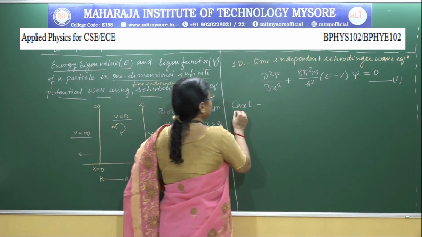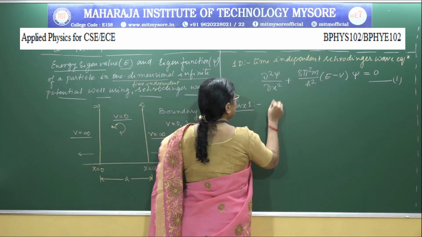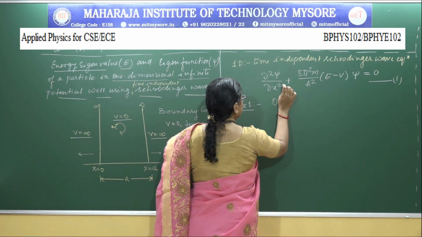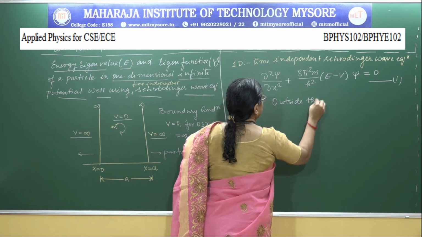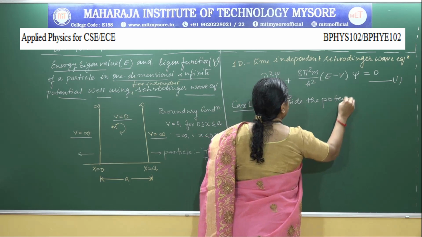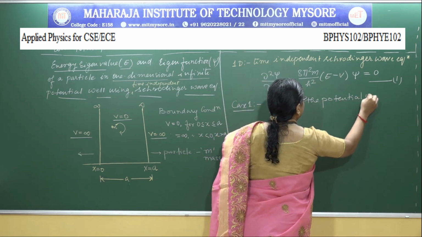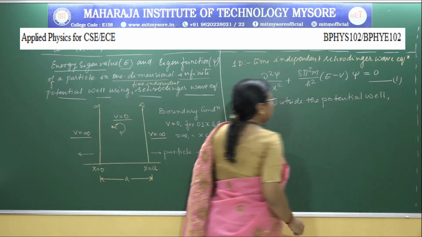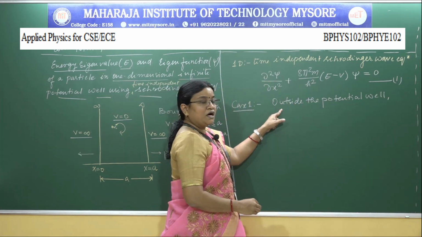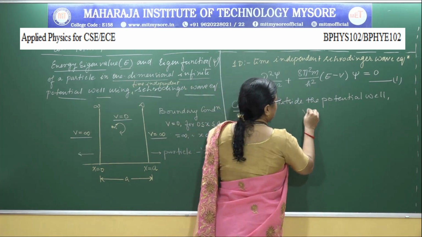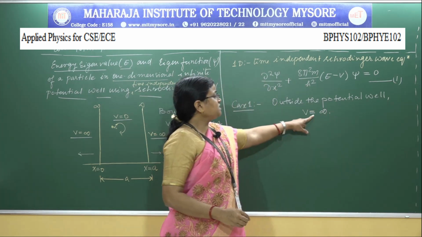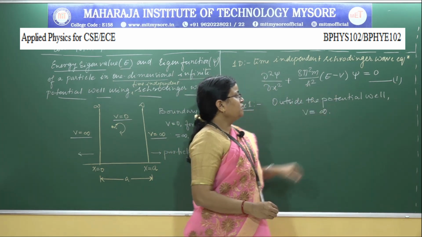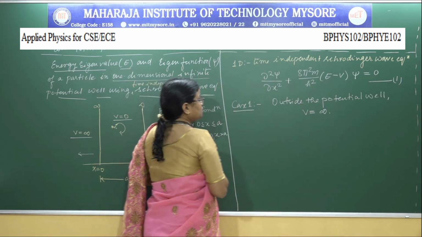So case 1, and we know that outside the potential well V is equal to infinity. Now let us substitute this value in the above equation 1. So what do we get?